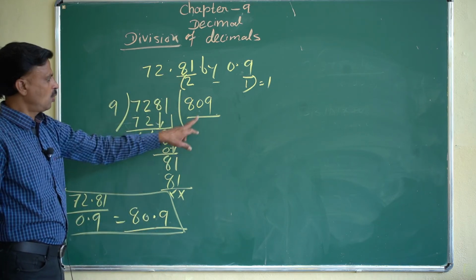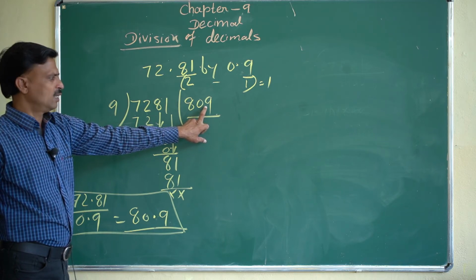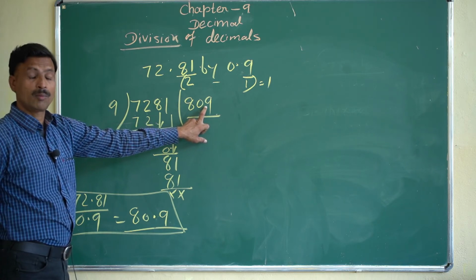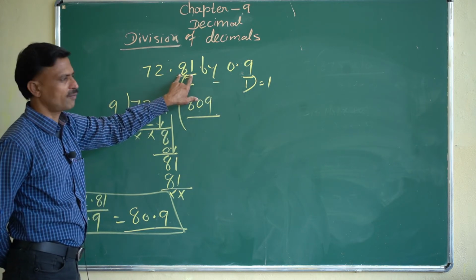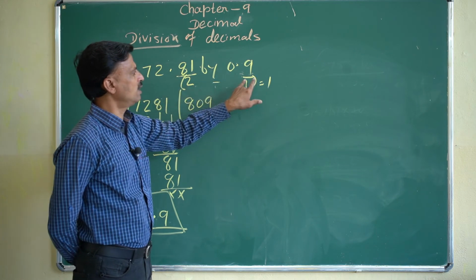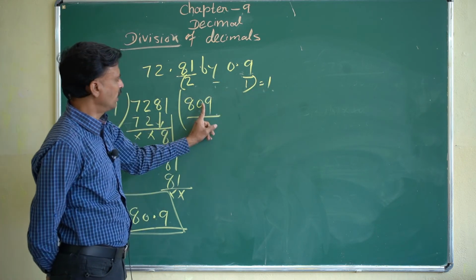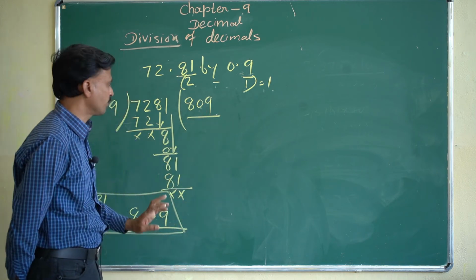Understood why we have put the decimal with 1 digit after it? Because 2 minus 1: here it was 2 digits after the decimal, here it was 1 digit after the decimal, so 2 minus 1 is 1. That's why in the result also after the decimal there will be 1 digit, right?